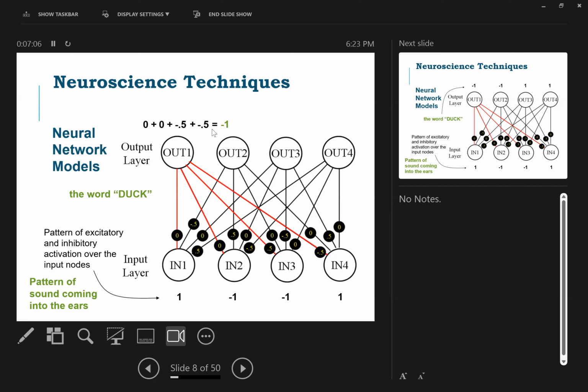And again, I'm talking about a very abstract neural network. I'll finish this and then I'll take questions. So what this means is that the neuron output 1 is inhibited, that its firing is going to be below its baseline.